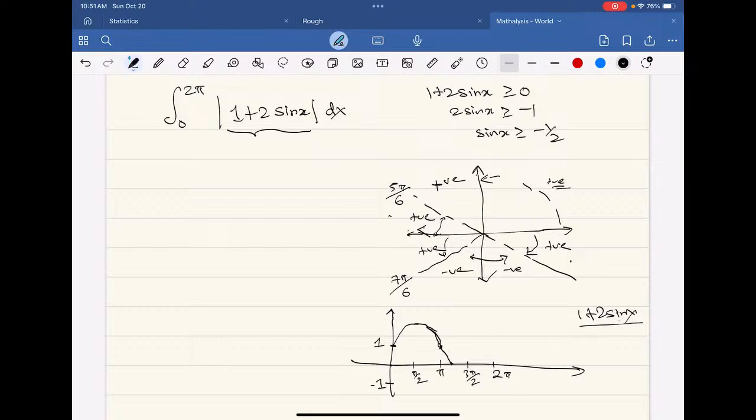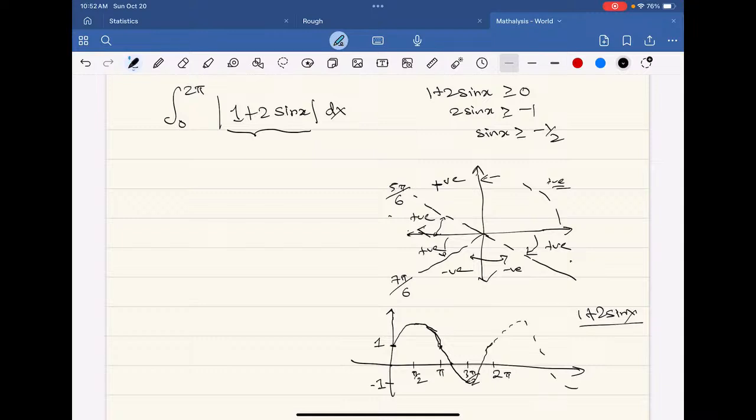Because at maximum this is -2 plus 1 is -1, so over here it will go to -1 at 3 pi by 2, and then again at 2 pi this should be right back to 1, and it will still go up and down after this.